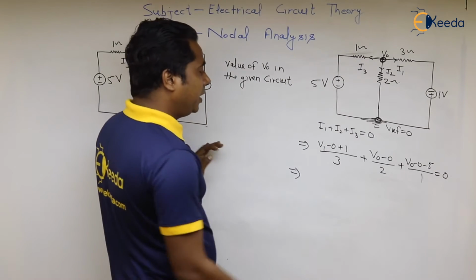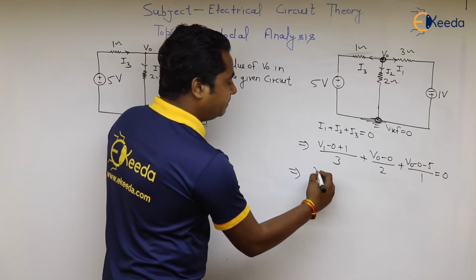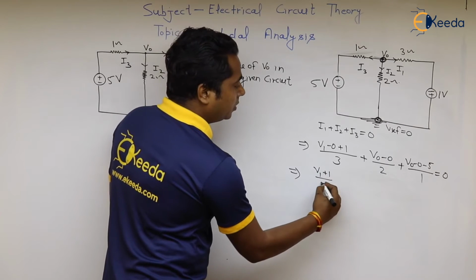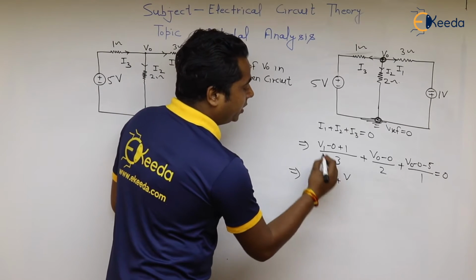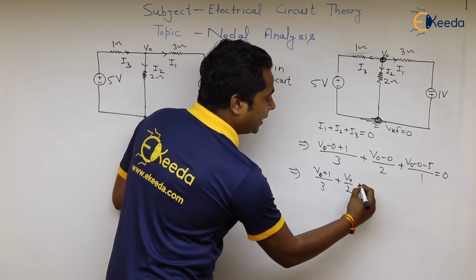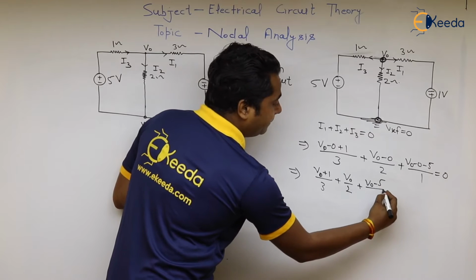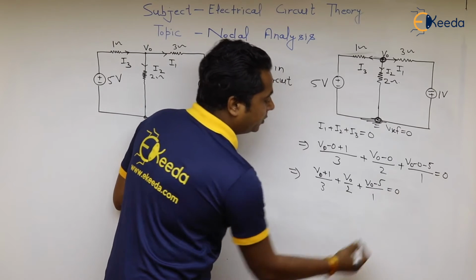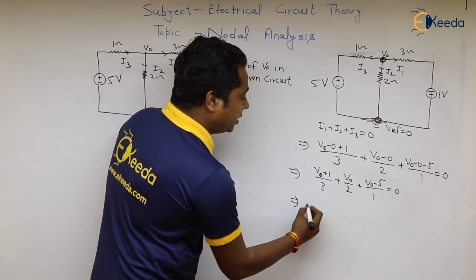So we can calculate V0 plus 1 by 3 plus V0 upon 2 plus V0 minus 5 upon 1 is equal to 0. Multiply by 6.